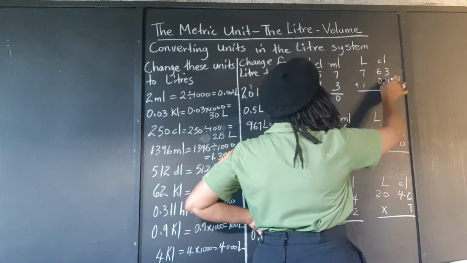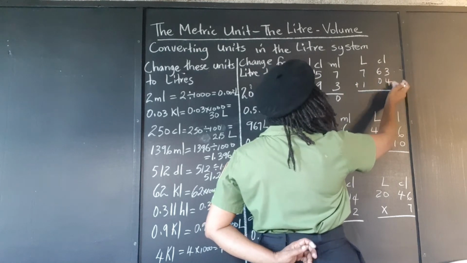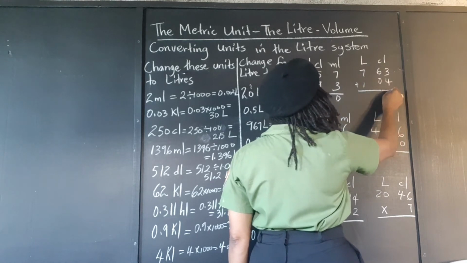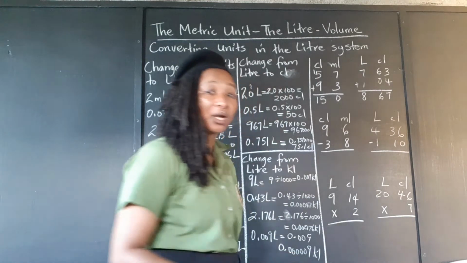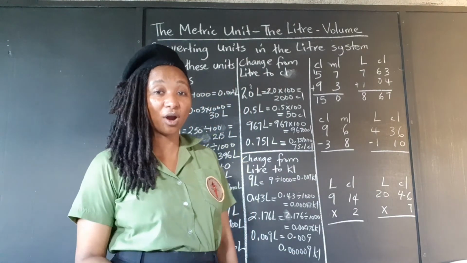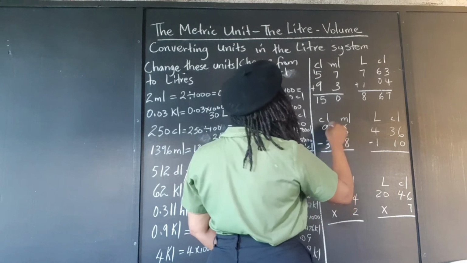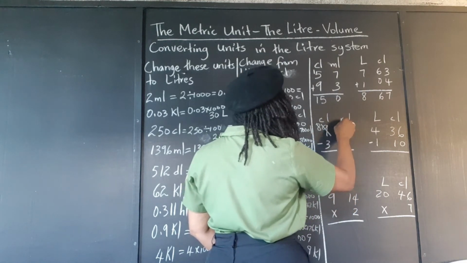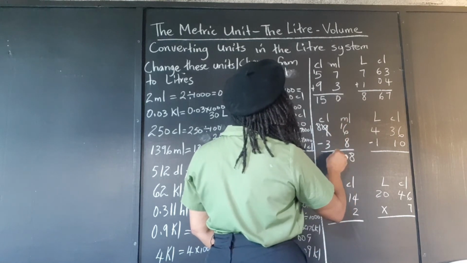Remember, there are 100 centiliters in a liter, so we have our units, tens, hundreds. So it's already set out in the metric system for us because we use the decimal system normally. So if we're subtracting likewise, if we're taking 1 out, we carry it as 10 ones and we subtract, just like normal.